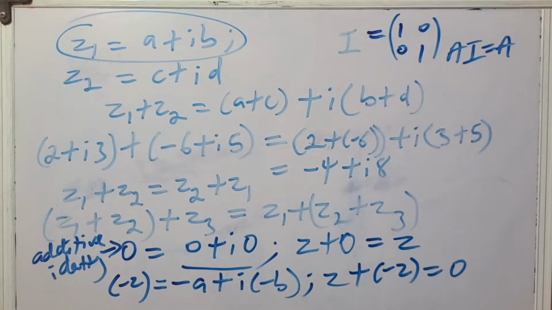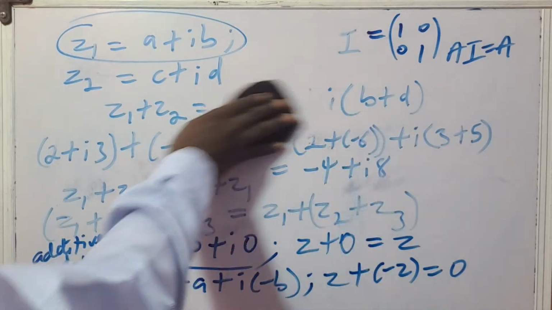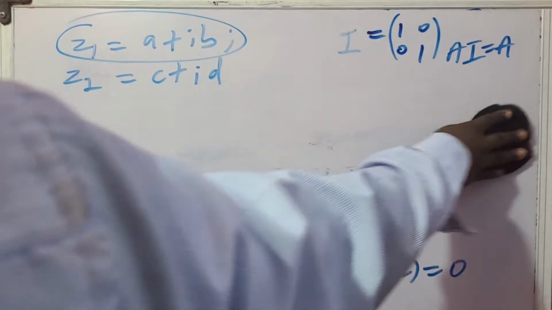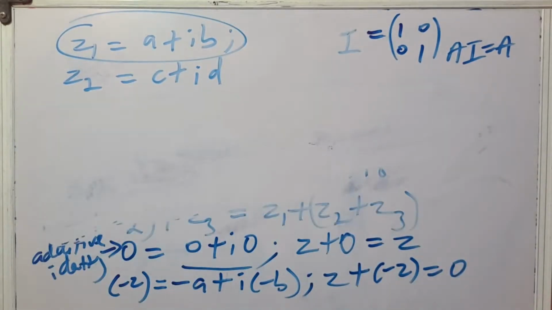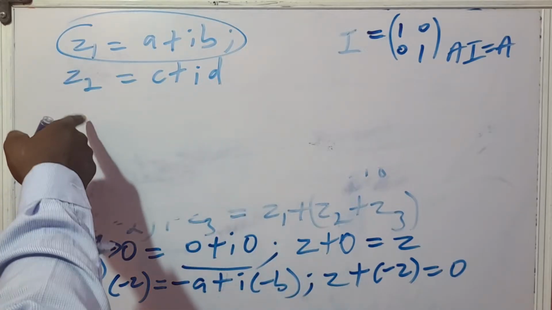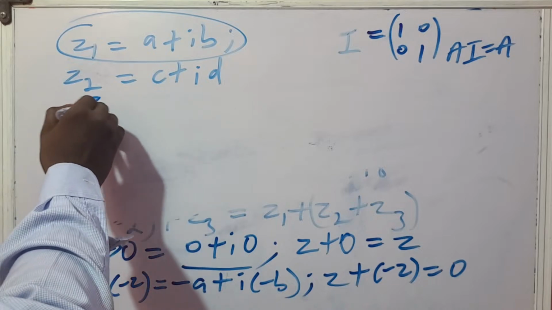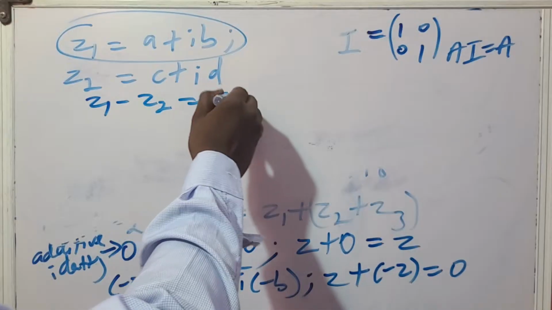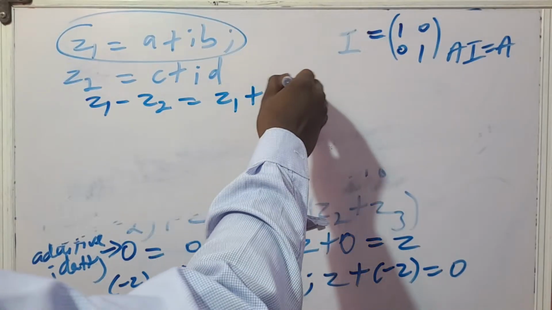All right. So let's run quickly to the difference of two complex numbers. Well, we don't have to waste much time on that because just the same way we had the addition is the same way the subtraction goes. So for instance, let's say you have Z1 and Z2 as given below. We can say Z1 minus Z2 will be equal to Z1 plus minus Z2.